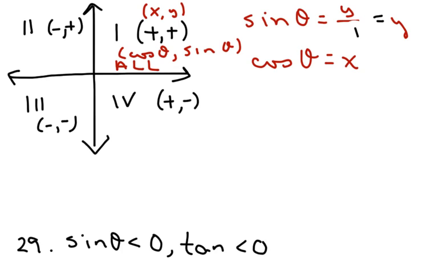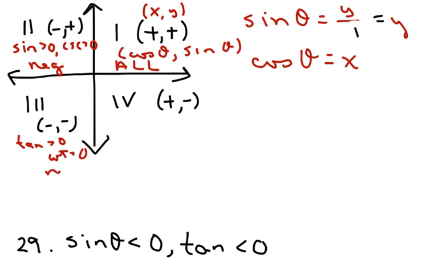Now in quadrant 2, cosine is negative and sine is positive. We already went over this in the previous section. If sine is positive, then so is its reciprocal, cosecant. Everything else is negative. In quadrant 3, tan is positive and cotan is positive.